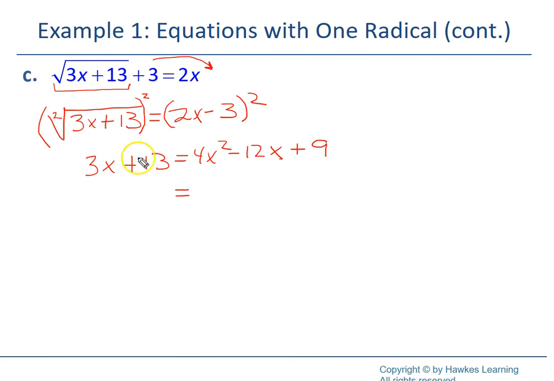Now our next step is to move all of this over to the other side, so we end up with an equation in standard form. So this is going to be 4x squared. Now we're going to subtract 3x from here. 3x from there will give us a negative 15x.